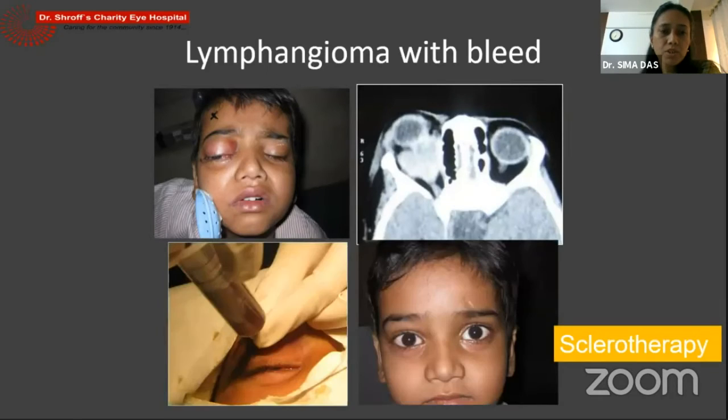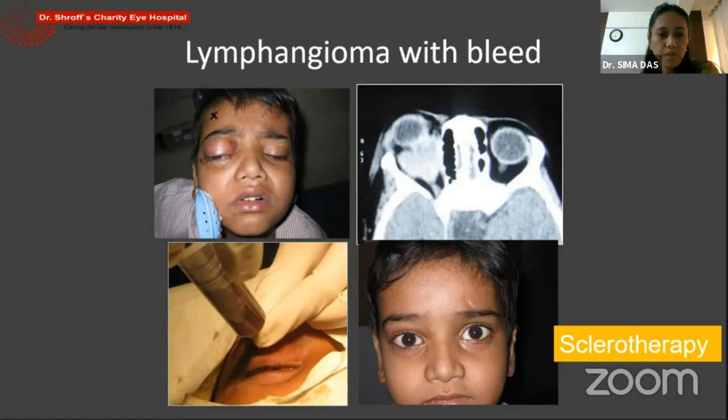Now, lymphatic malformations sometimes present to us with an orbital cellulitis kind of picture, and can get misdiagnosed as cellulitis, sometimes as orbital abscess. Imaging can give the diagnosis, where we see a fairly well-defined lesion with cystic collection inside, and the rest of the orbit seems to be pretty quiet, which is unusual in cases of orbital cellulitis with abscess.